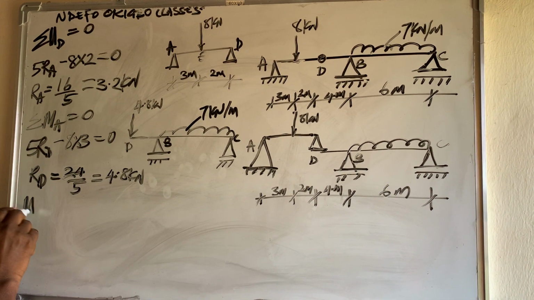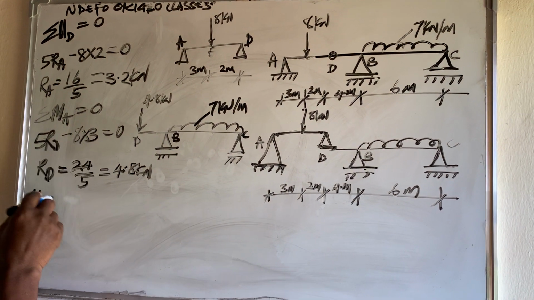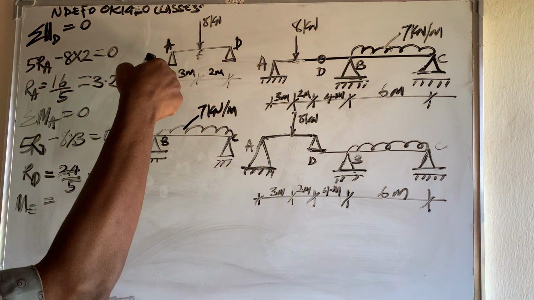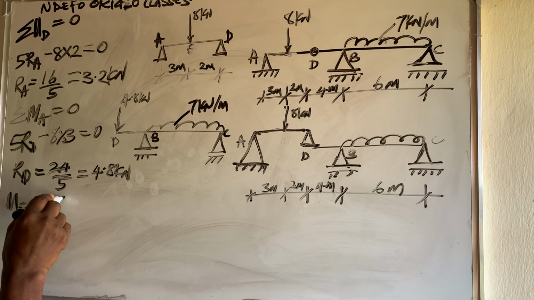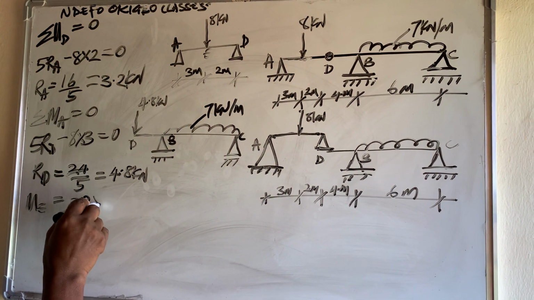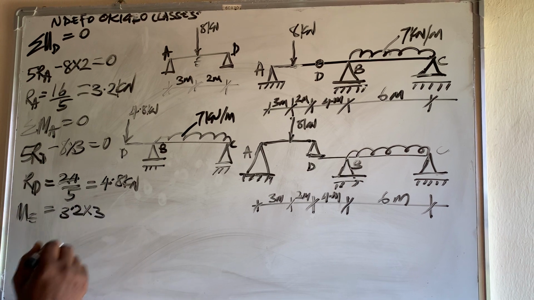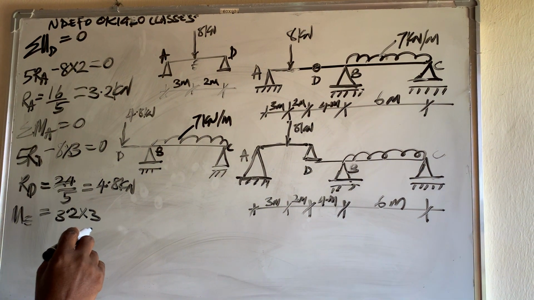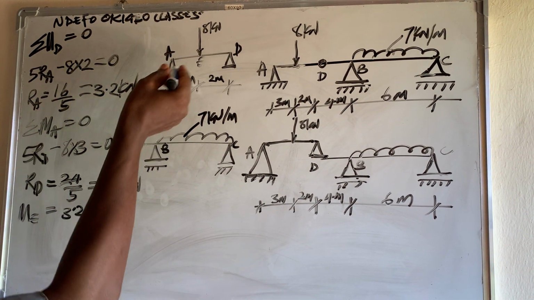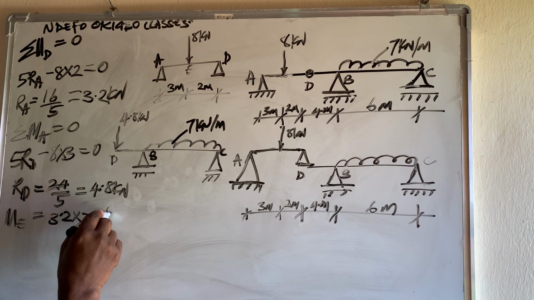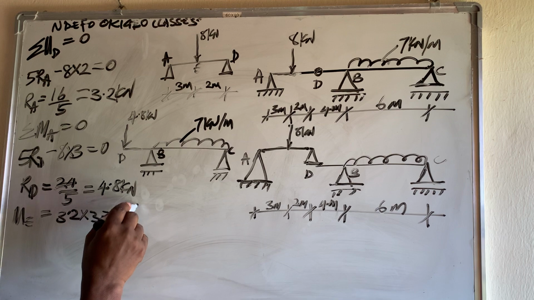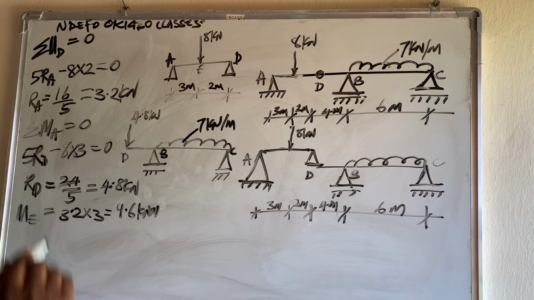I have M at E, which is equal to the only thing there, reaction A, which is 3.2, times the distance, which is 3. 3.2 times 3 is 9.6 kilonewton meter. That is the moment.